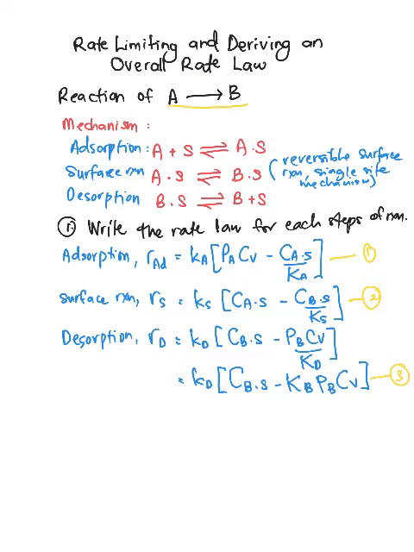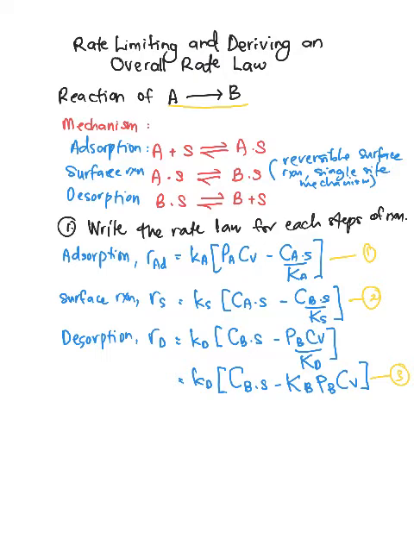But if the reaction is in liquid phase, we write it in terms of concentration. So if reactant A and product B are in liquid phase, we just replace the partial pressure. For example, for the adsorption rate, r_AD equals k_A C_A C_V minus C_A·S over K_A, if the reaction is in liquid phase.